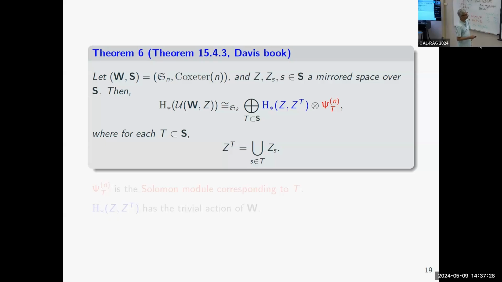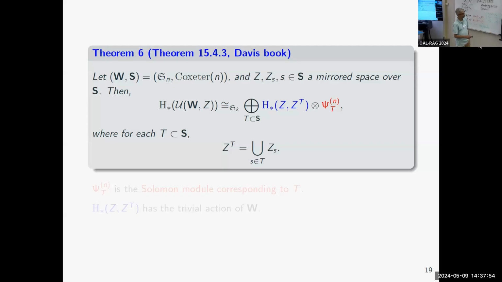This formula is indexed not by partitions, but by all possible subsets of the Coxeter elements. There are the Specht modules, which are indexed by partitions, but there are some other representations, called Solomon modules, which are indexed by subsets of the Coxeter elements. And as an SN module, the homology is given by this formula.